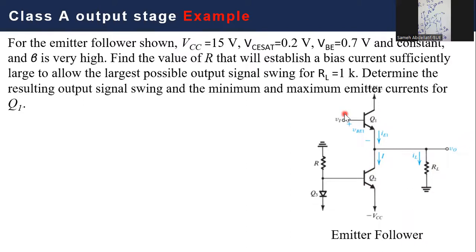What is a condition for minimum? For minimum, these points turn to be with its minimum value, which is negative 14.8. So if this point is negative 14.8 voltage, that means first speaking that your current direction will change.